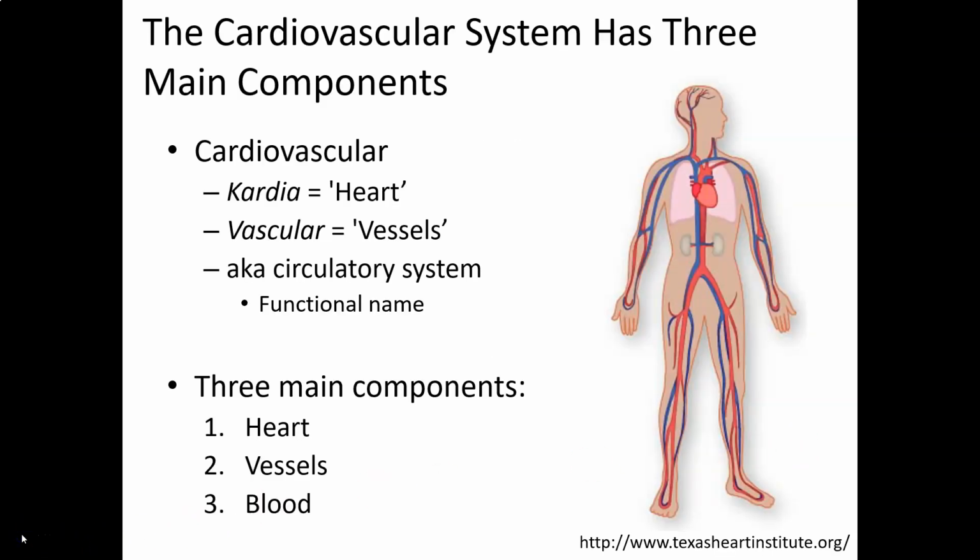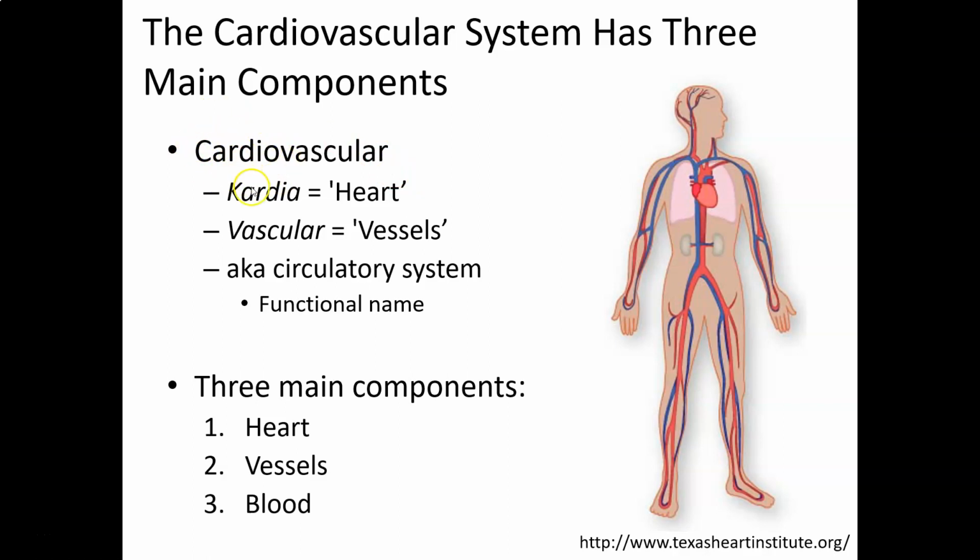Okay, so there are three main components of what we often call the cardiovascular system. Cardiovascular is an anatomical name, to be honest, but it's not a bad name. It's also known functionally as the circulatory system because blood circulates through your body. It's made up in terms of the word for the most part.